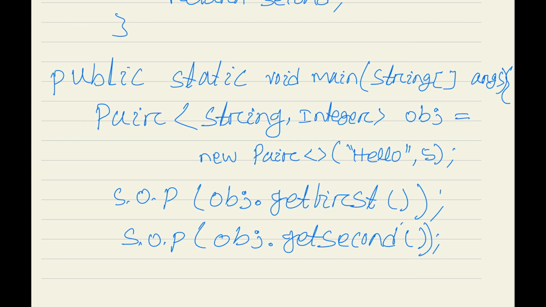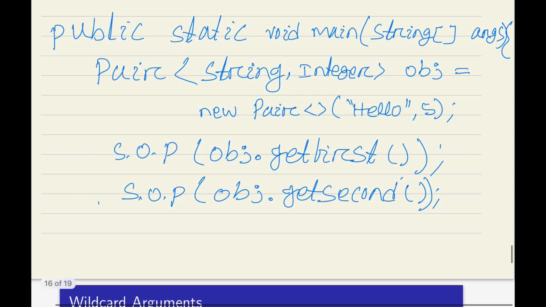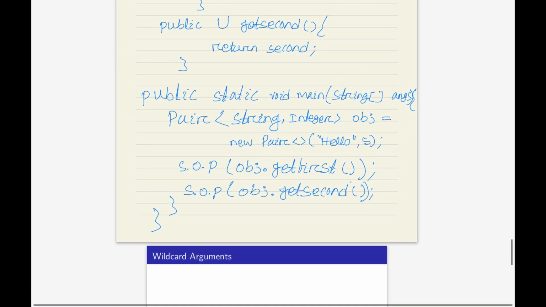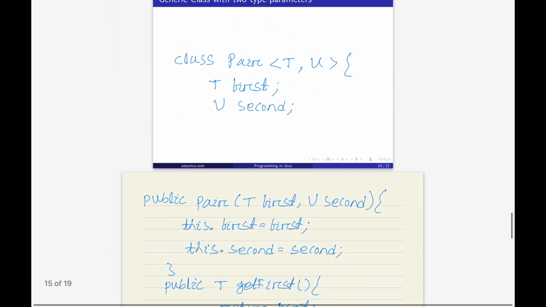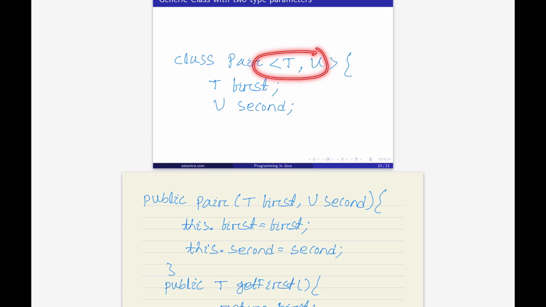So this print obj.getFirst is going to print hello, print obj.getSecond is going to print 5 on the screen. So now this is end of main method, and end of the class. So here this is a simple program. Here you can see we are defining class Pair that is going to take two type parameters.